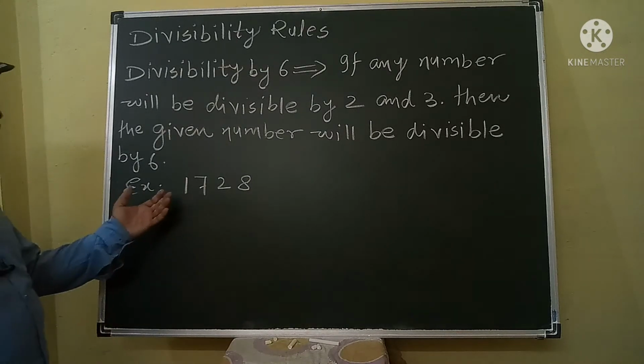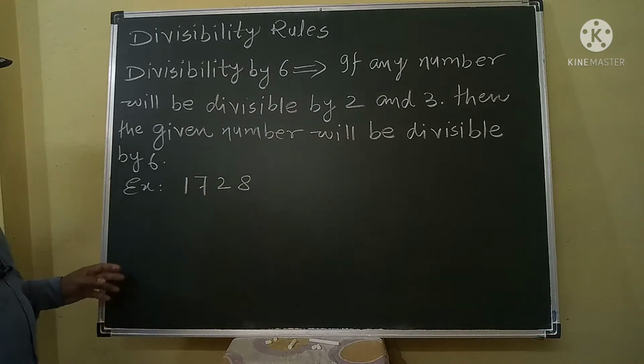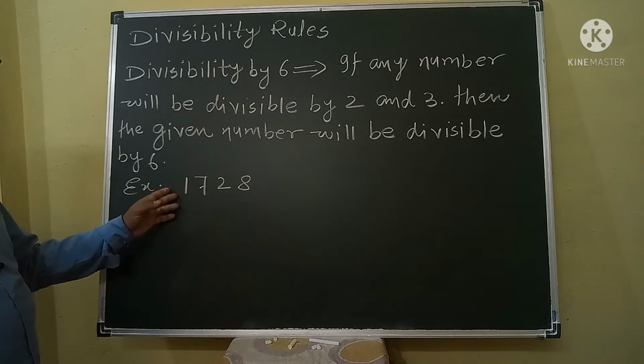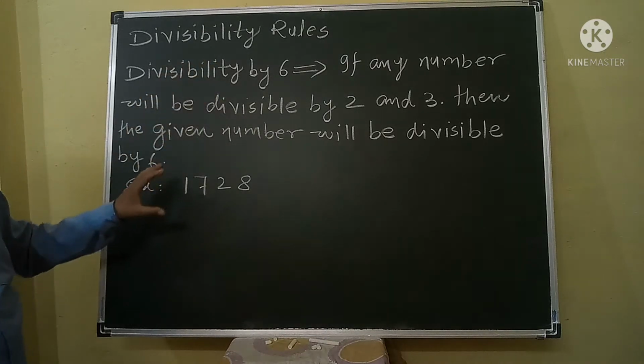Suppose, for example, this is 1728 and you want to check whether the given number will be divisible by 6 or not.